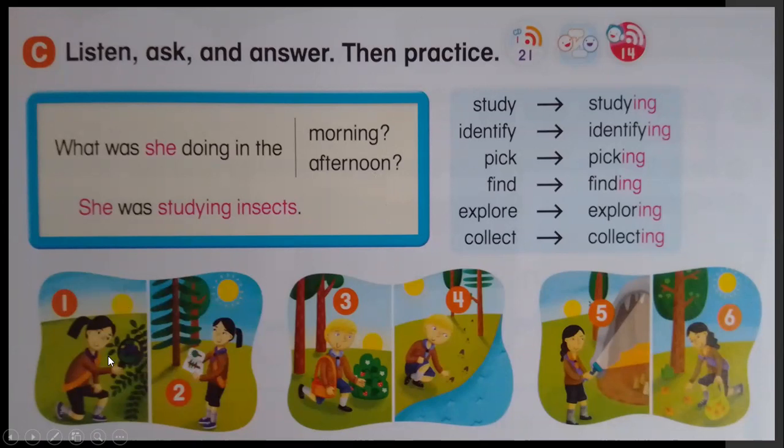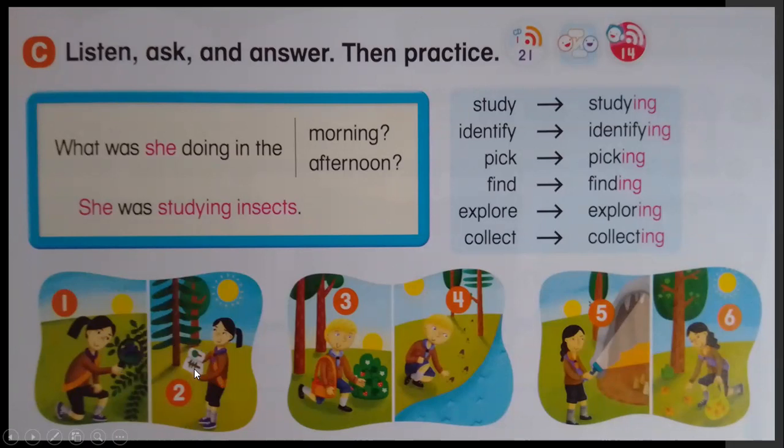So here we have, let's see. What was she doing in the morning? She was studying insects. But let's see. What was she doing in the afternoon? She was studying insects? Of course not. That's right.